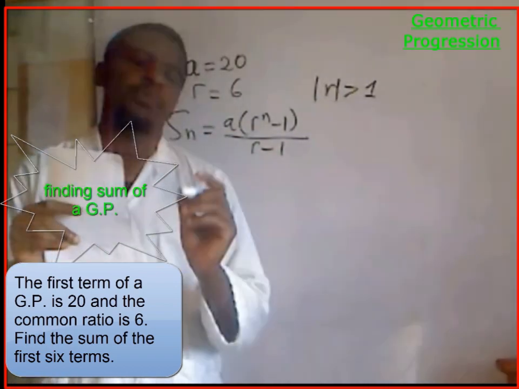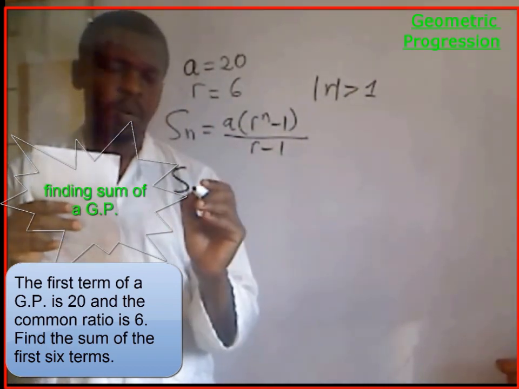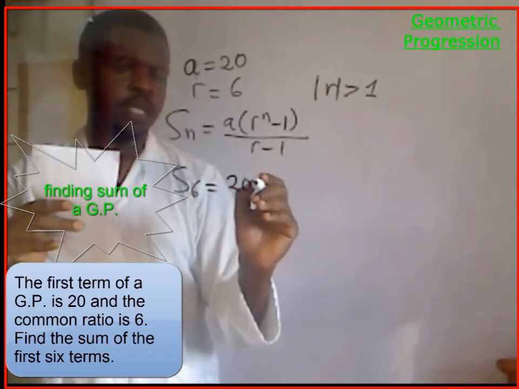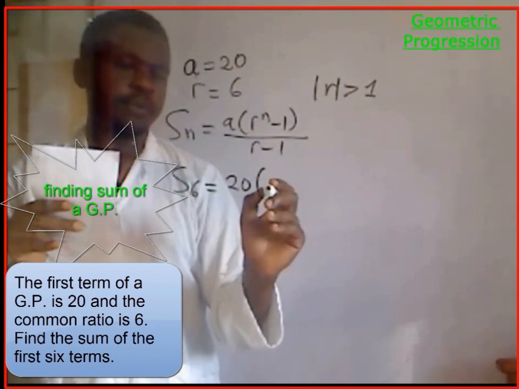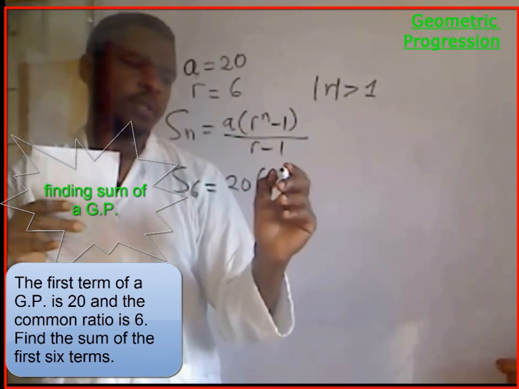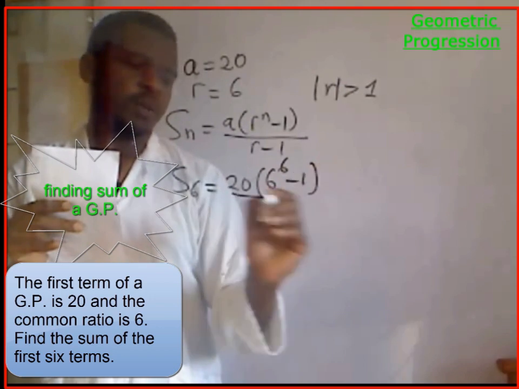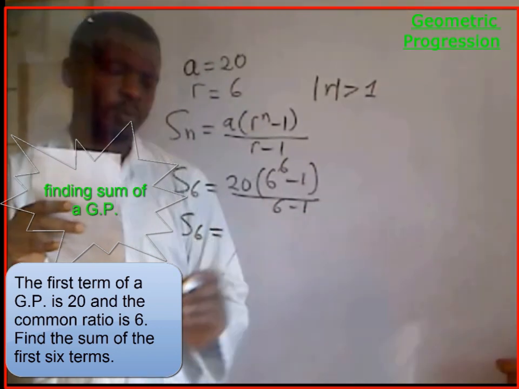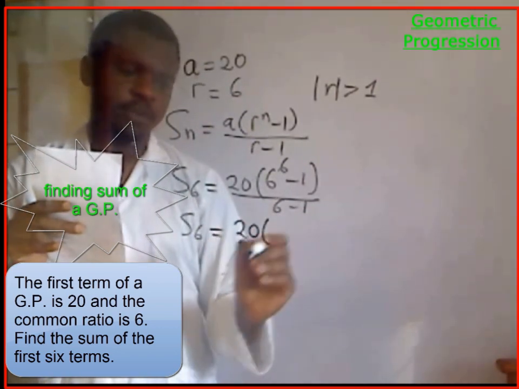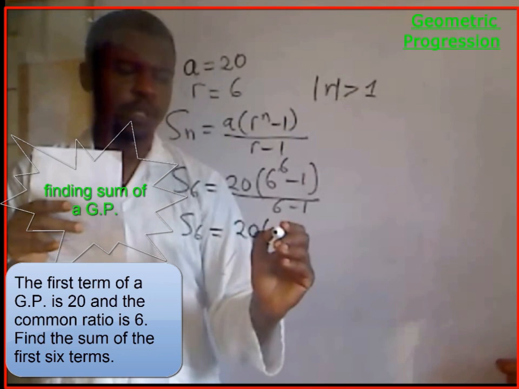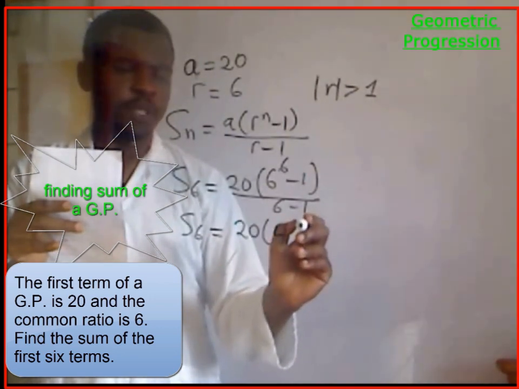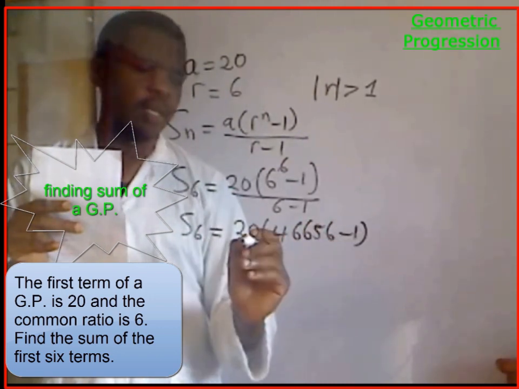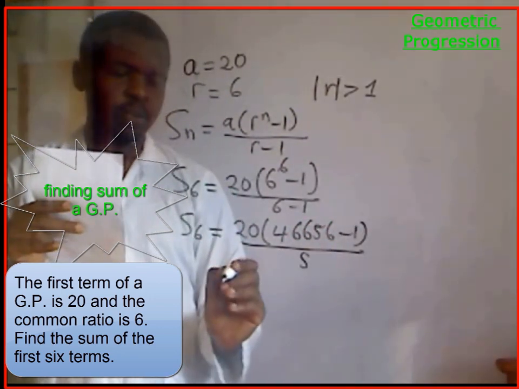So here, the sum of the first 6 terms will be equal to 20 times (6^6 - 1) all over 6 - 1. The sum of the first 6 terms will be equal to 20 times (46,656 - 1) all over 5.